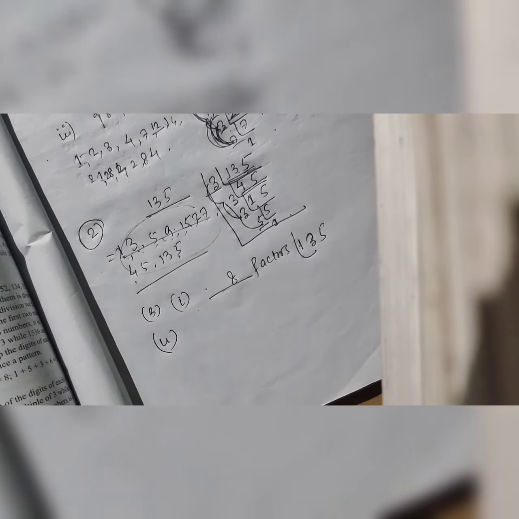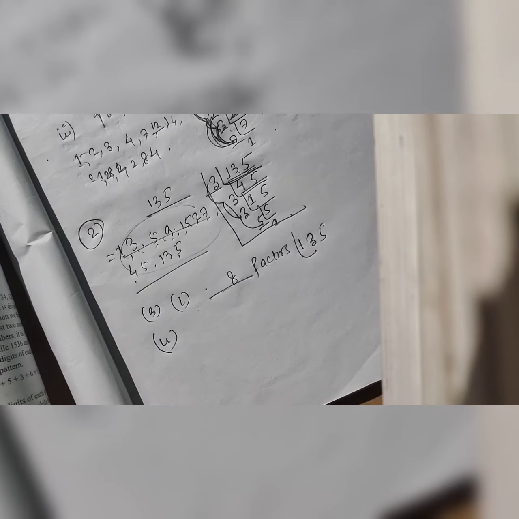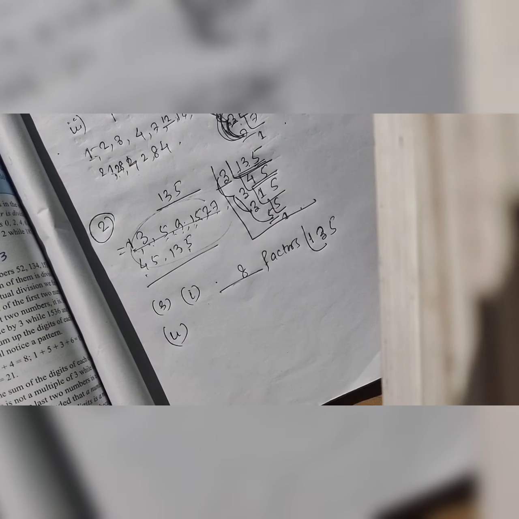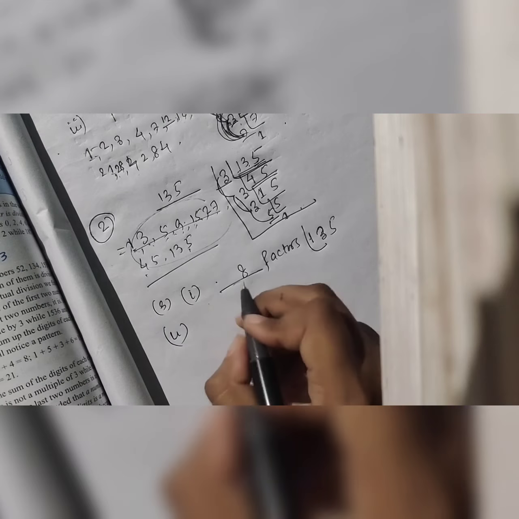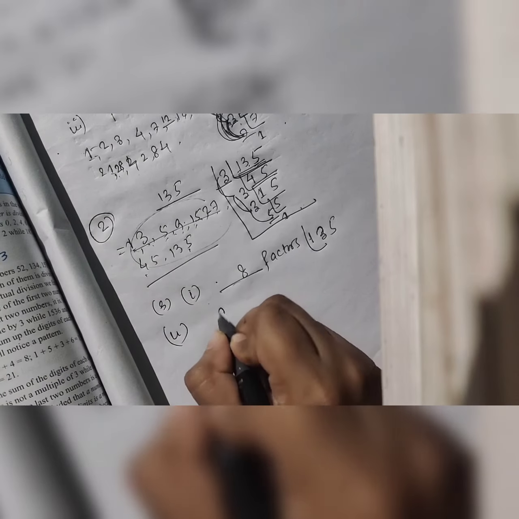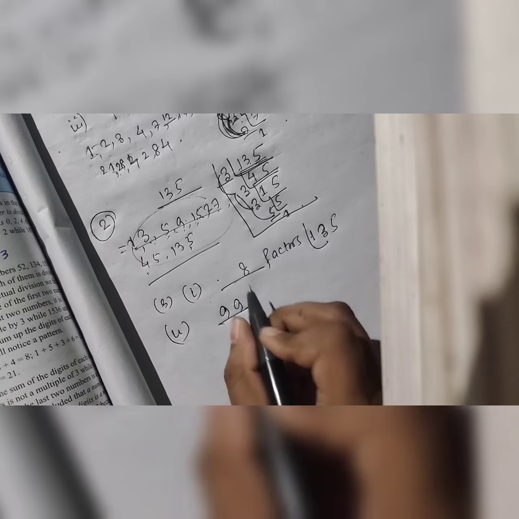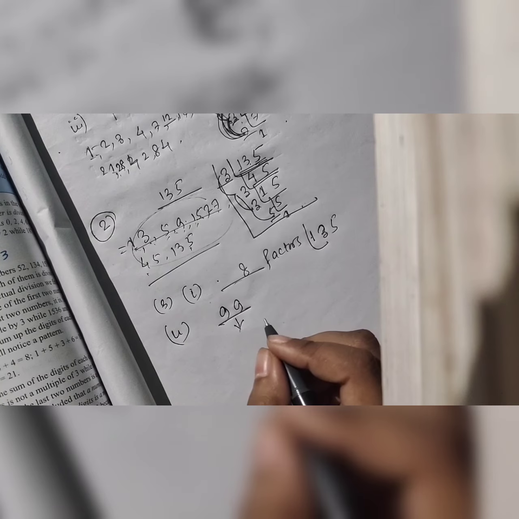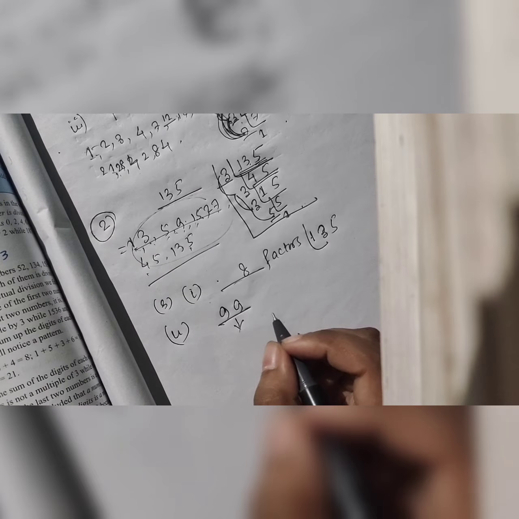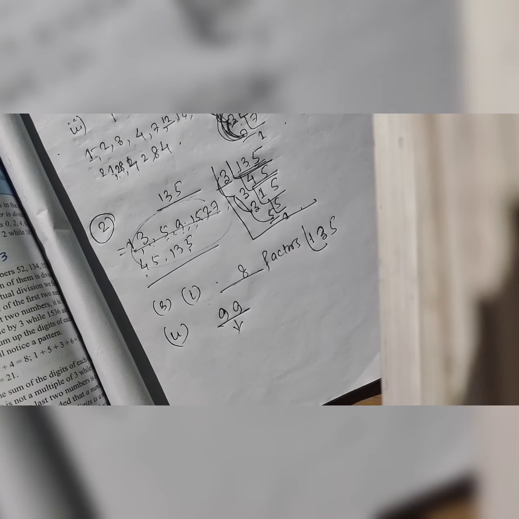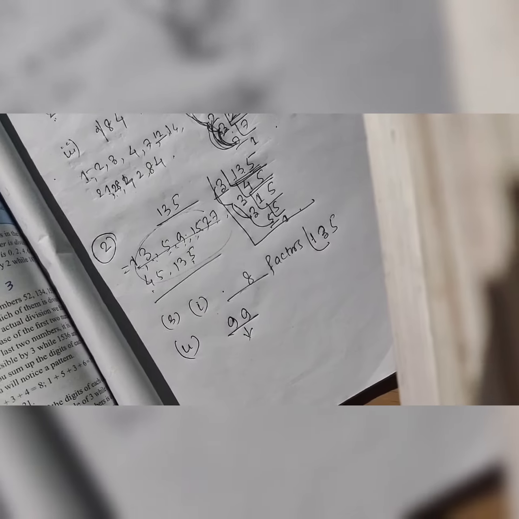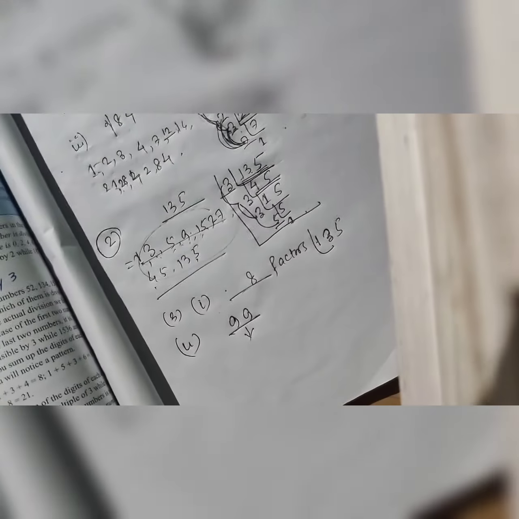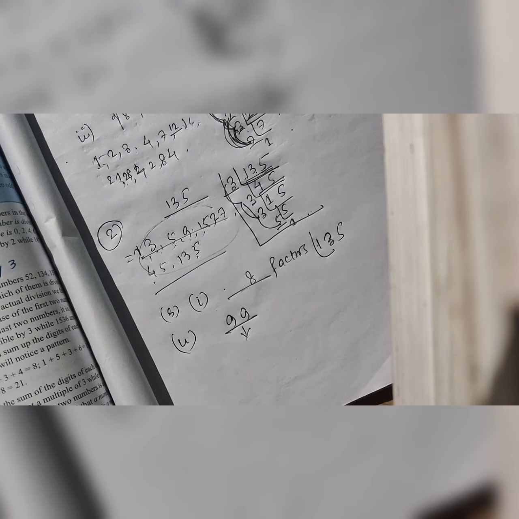The next question is 3.2: the biggest two digit prime number is. The biggest two digit number is 99. So 99 is not a prime number, as prime numbers are numbers which have only two factors, one and itself. 99 is divisible by 3, and also by 9 and 11.